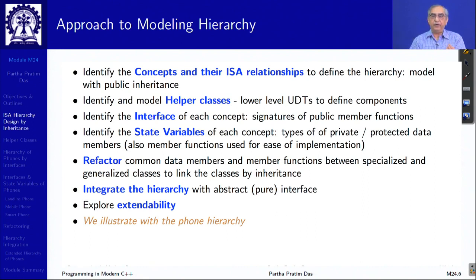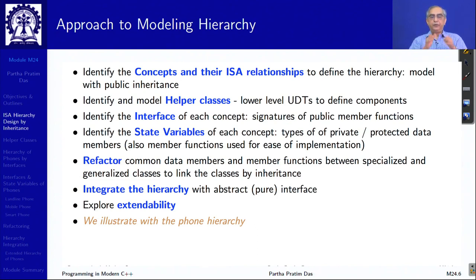That will proliferate in terms of signatures of public member functions, which you need to identify. So, this interface identification for every concept in the is-a hierarchy is the next step to perform. Now, that will still remain abstract, because you are just giving an interface which does not say how to implement that.